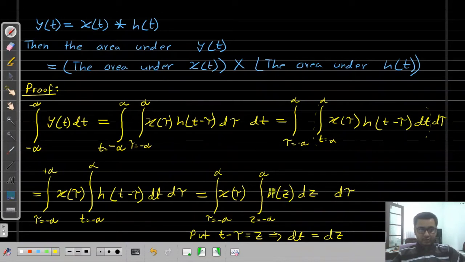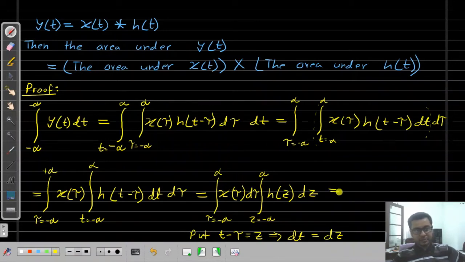Now this is the area under h, and you can take it outside, or you may write it this way, d tau here. So then this is the area under h and this is the area under x.